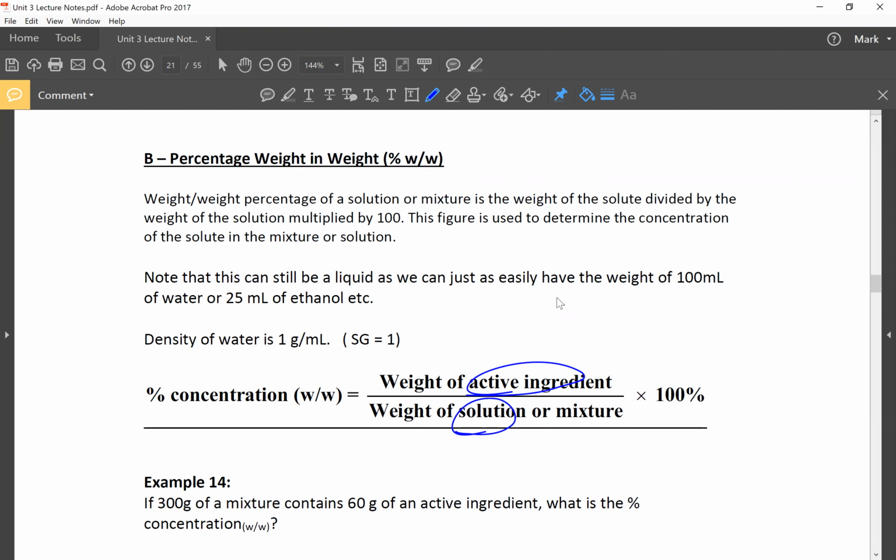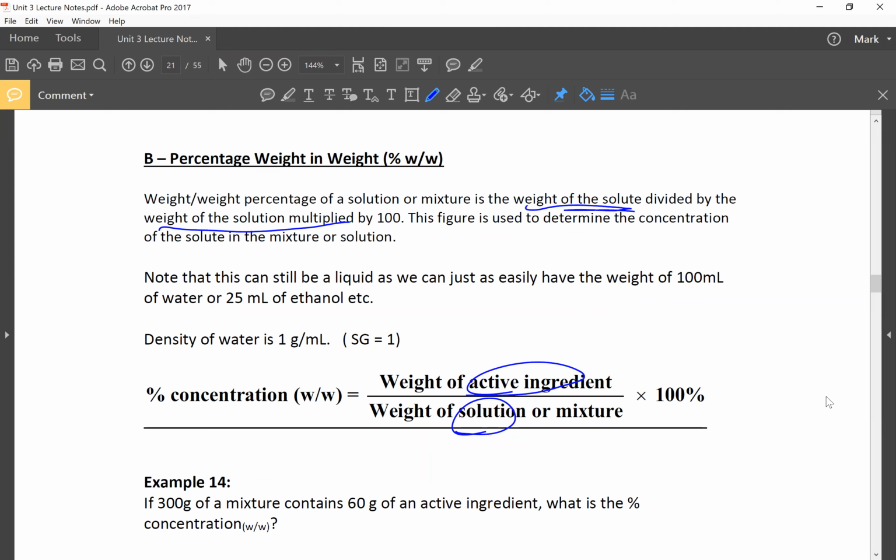So percentage by weight, W over W, the weight of my medicine, or again, you could think of it like solute, divided by the weight of the entire solution. So this is very useful when you're dealing with solids, you know, you're measuring a solid, or when you're given something like specific gravity, which I'm going to kind of combine everything here and do one of these questions.